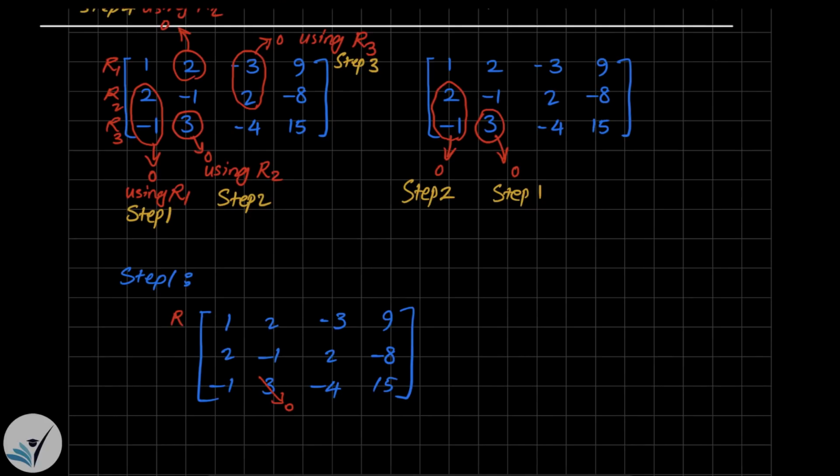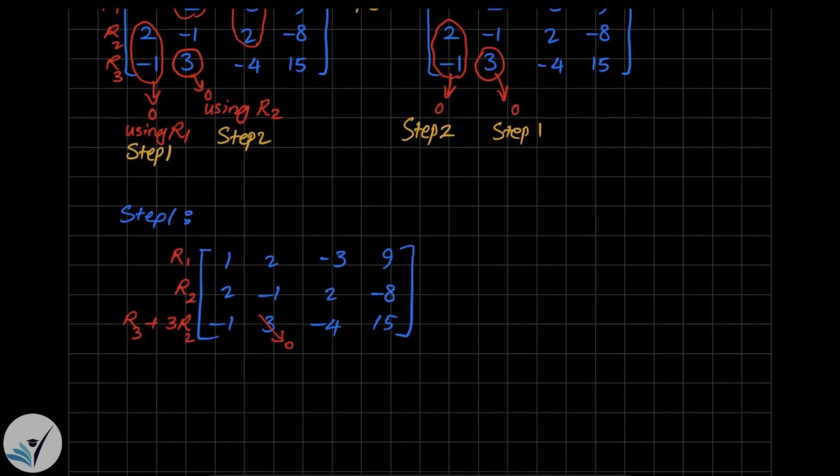So R1 and R2 remain unchanged, and R3 replaced with R3 plus 3R2. So for this step, I'm going to use the second row to apply the pivot operation. So let's go ahead and apply this operation.